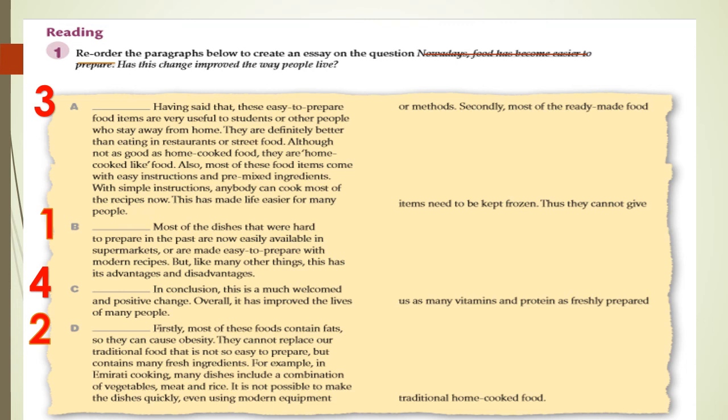With simple instructions, anybody can cook most of the recipes now. This has made life easier for many people. Four, in conclusion, this is a much welcomed and positive change overall. It has improved the lives of many people.